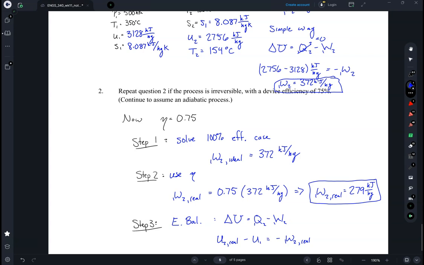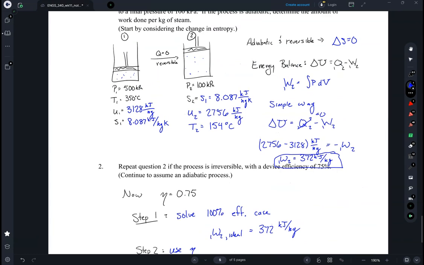A lot of these are going to be similar. We'll get some practice. Sometimes it's a little tricky to know when we're going to need to do, say, something like this, where we calculate work directly, versus something like this, where we use an energy balance to calculate work. The short answer is they both are correct. We can do either of these.